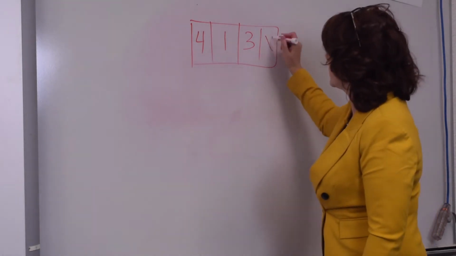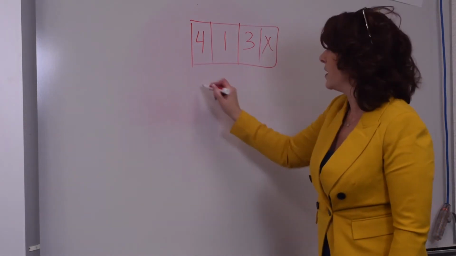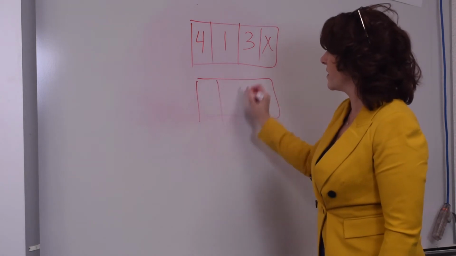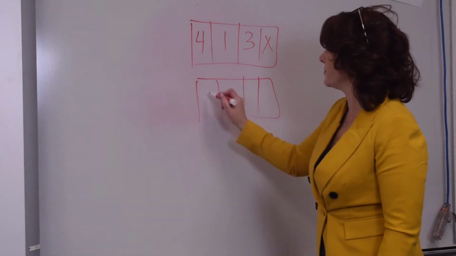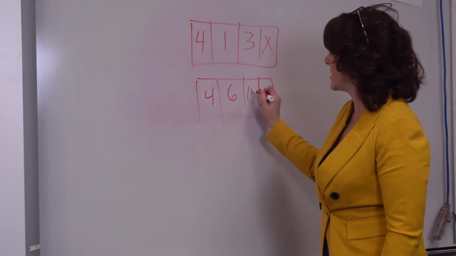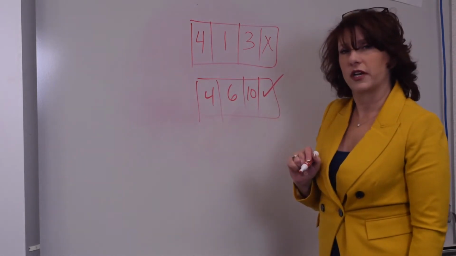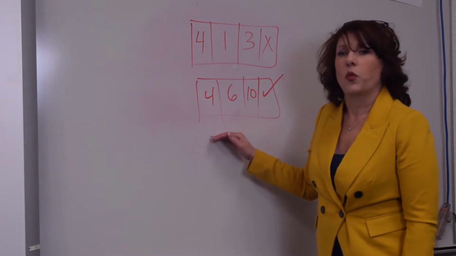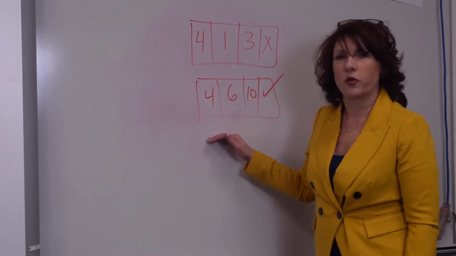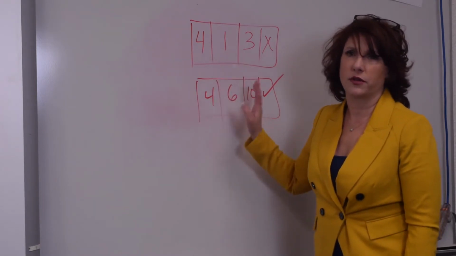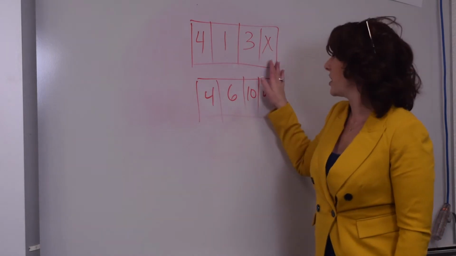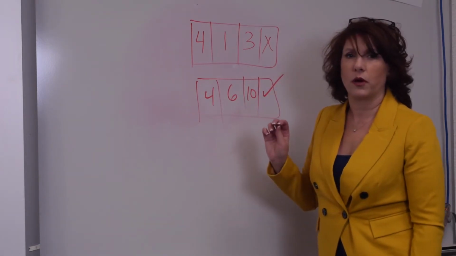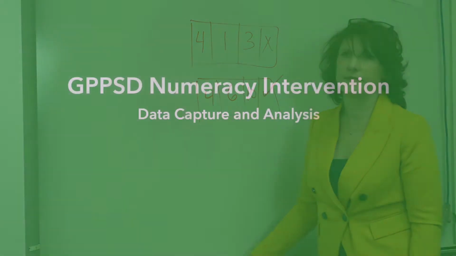If it is not, they would mark it with an X. If the sequence of numbers was in proper order, 4, 6, 10, the child would mark that with a check mark. This was a timed subtest, so there wasn't time afforded for students to write out the proper sequence. So the check mark and the X were a quick way of assessing.